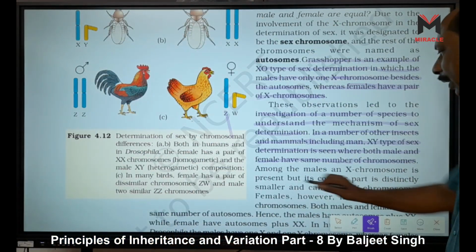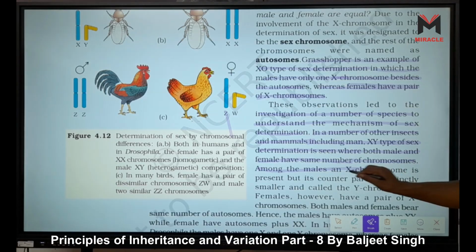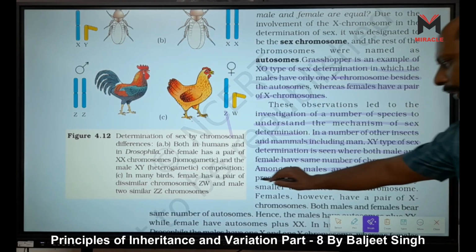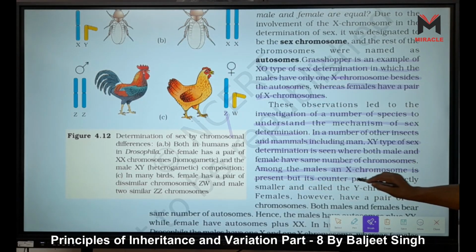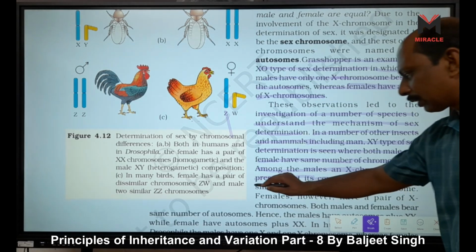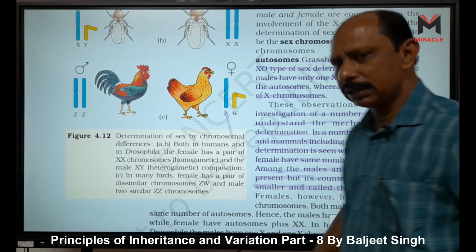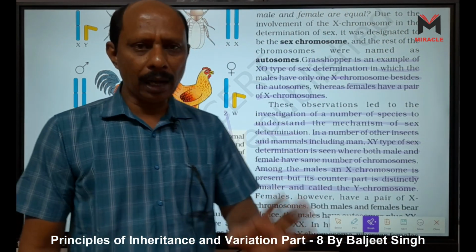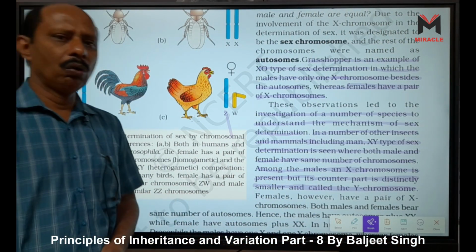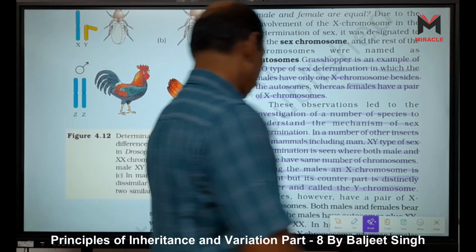But one thing is different here. Among the males, an X chromosome is present, but its counterpart is distinctly smaller and is called the Y chromosome. It is smaller and a 3-arm chromosome. That's why it is called the Y chromosome.